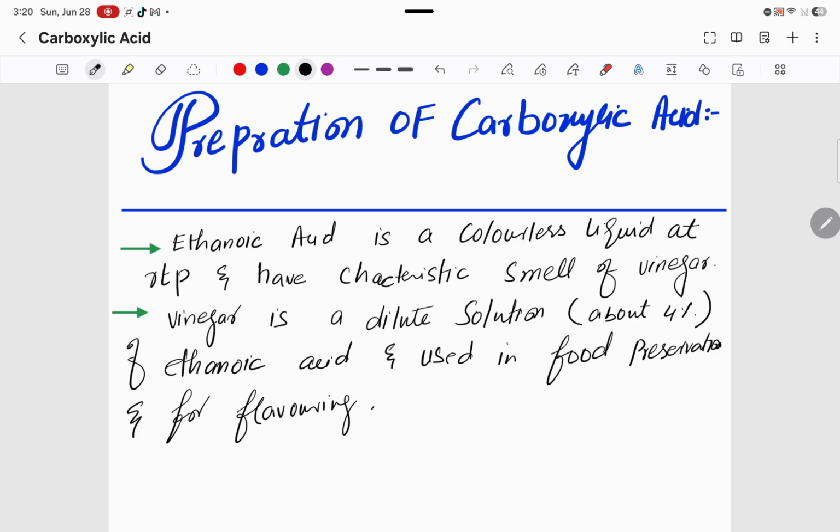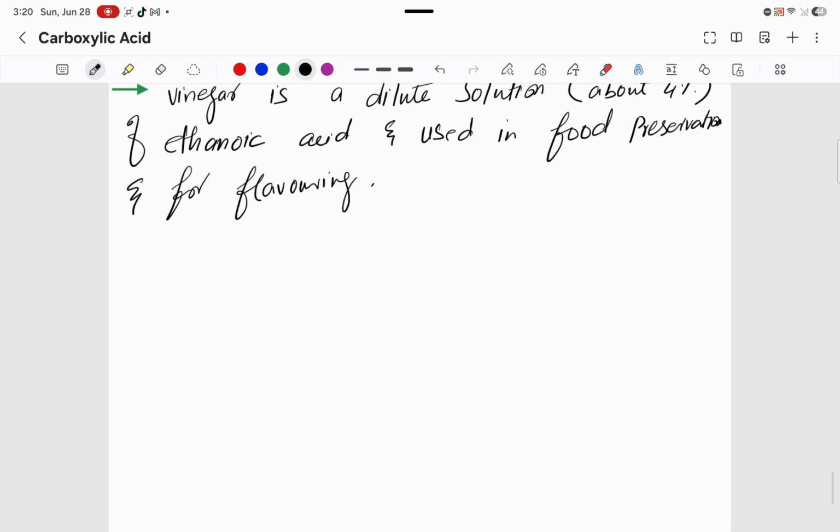Okay, so there are basically two ways for the preparation of carboxylic acid. What are these two ways?